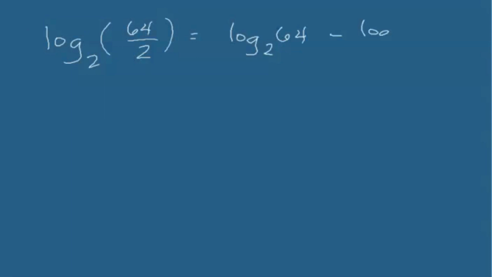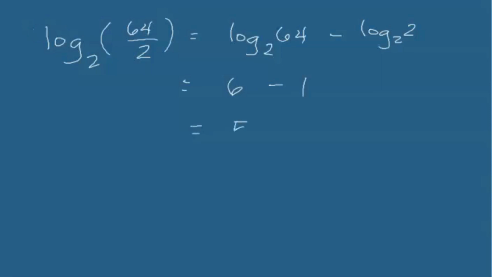Okay, let's have the logarithm of 64 over 2 to the base 2. We can expand this as the logarithm of 64 to the base 2 minus the logarithm of 2 base 2. The logarithm of 64 to the base 2 is 6, minus, because it's division, the logarithm of 2 to the base 2, which is 1.